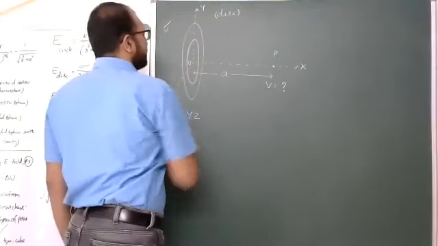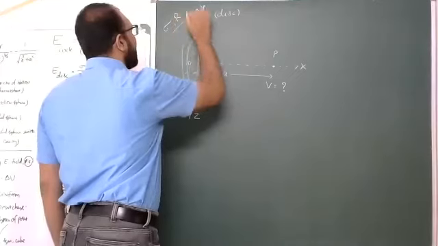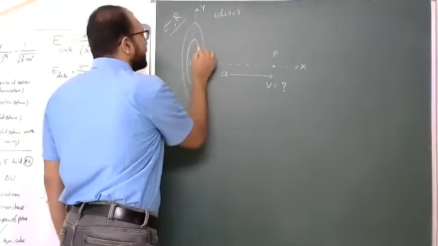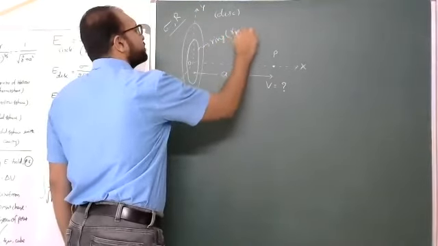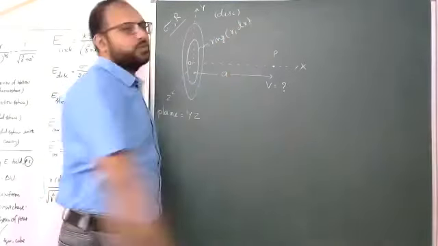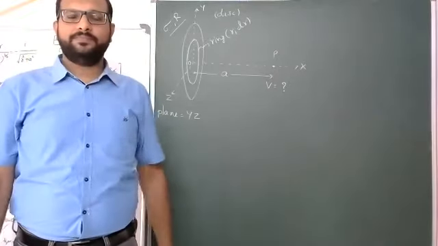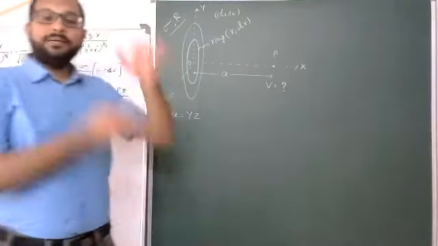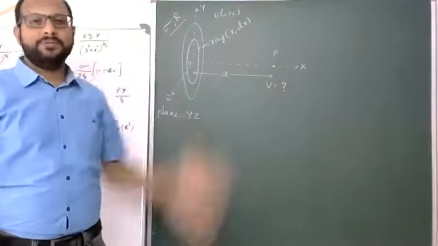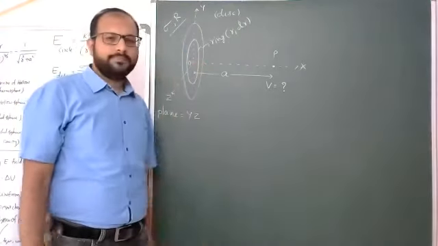This is a thin ring and the disk radius is capital R, but this ring has radius small r, thickness dr. Now this is the complete given.